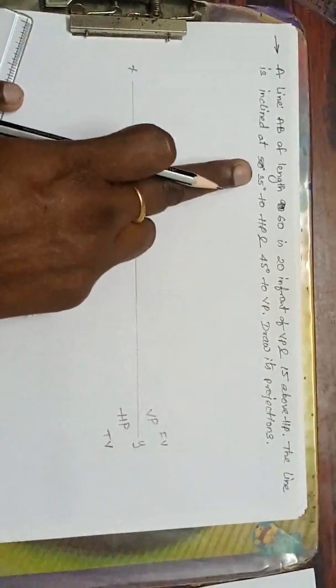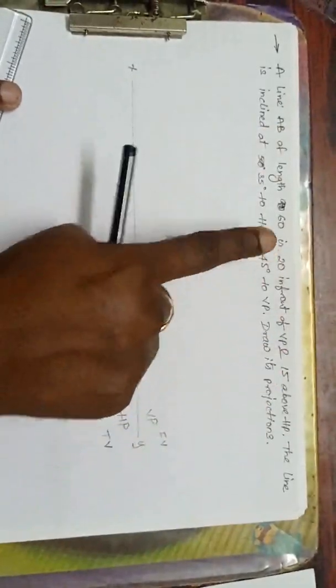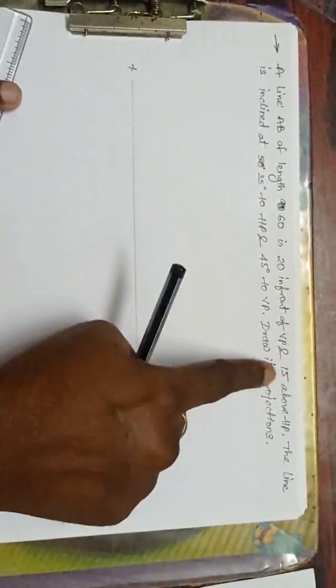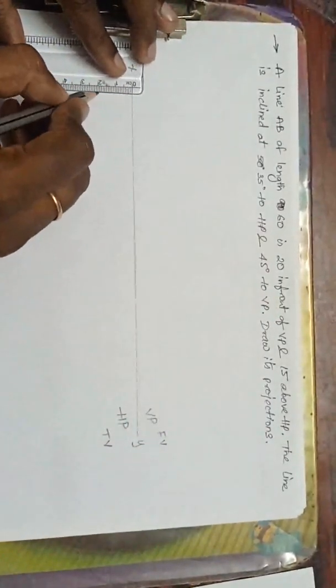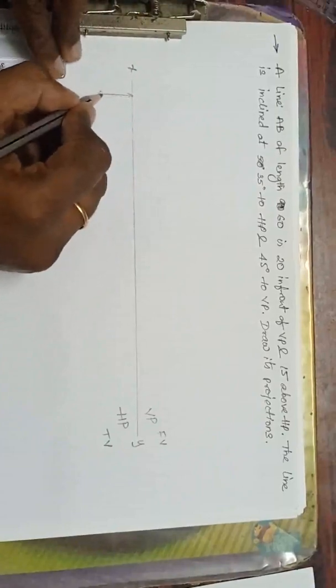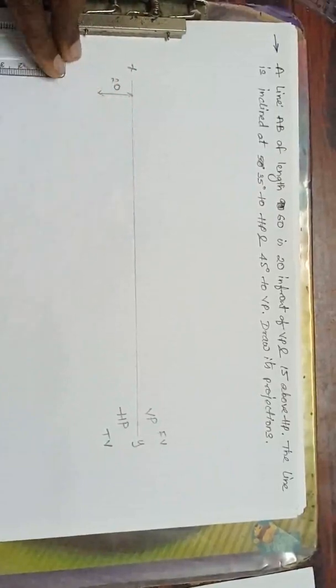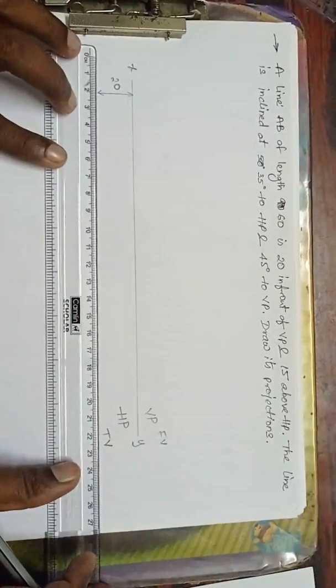We have to draw the gaps, that is, 35 degrees and 45 degrees. Now we have to draw the gaps, 20 in front of VP and 15 above the HP. He said 20 in front of VP, so this 20 I will draw in the HP, because the distance from VP I am drawing in the HP.